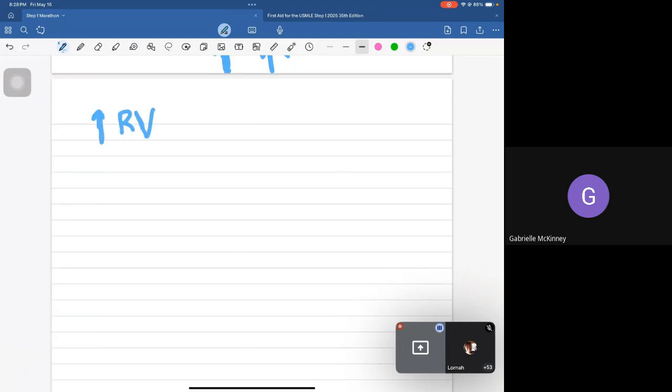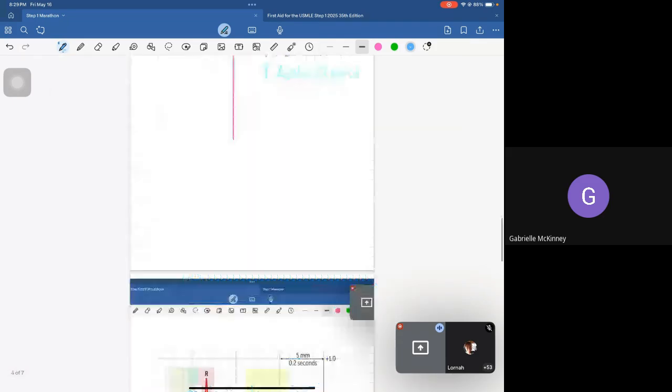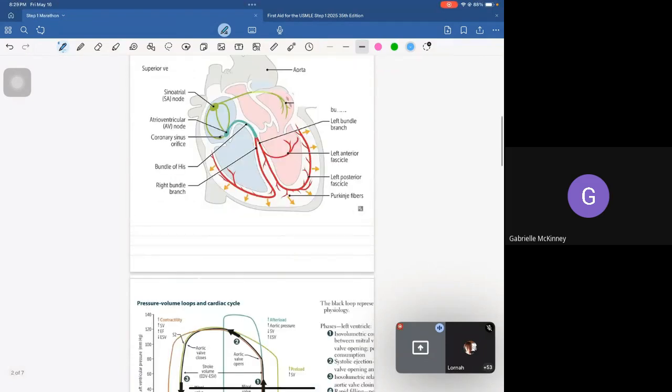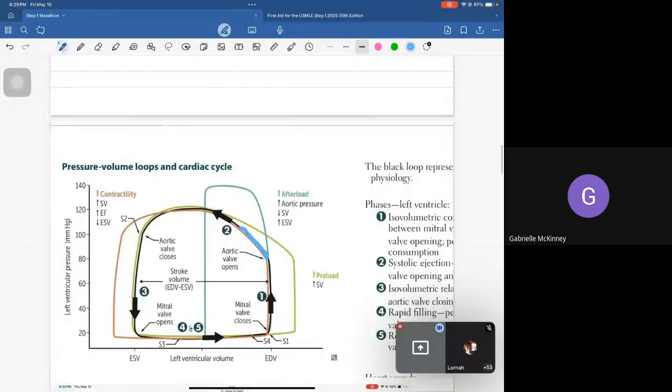And when more blood is coming to the right side of the heart, it will have more preload. When the right side of the heart has more preload, it will need more time to empty the blood as compared to the left side of the heart. If you look at this diagram again, as soon as all of the blood is pumped out, the aortic valve and pulmonary valve close.